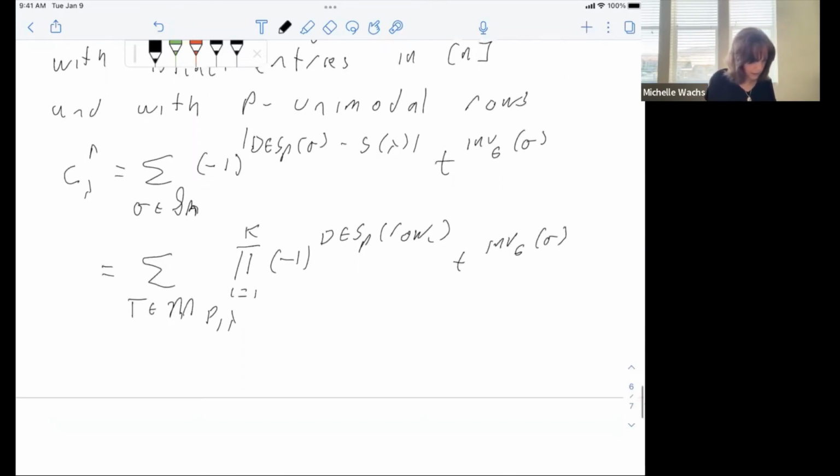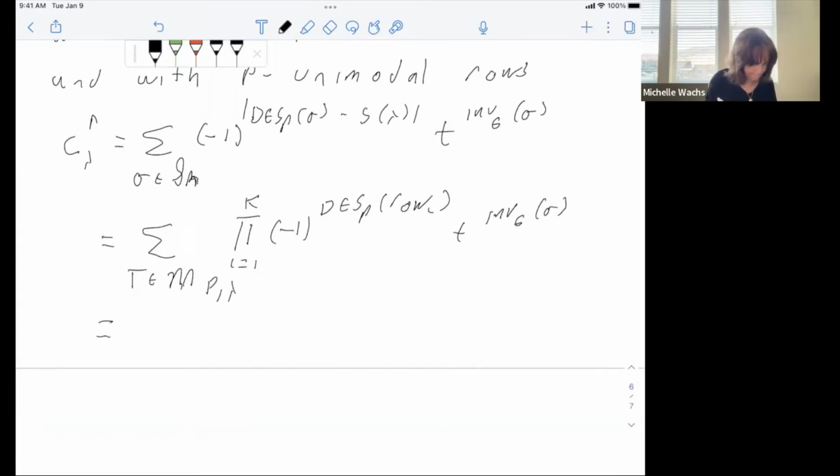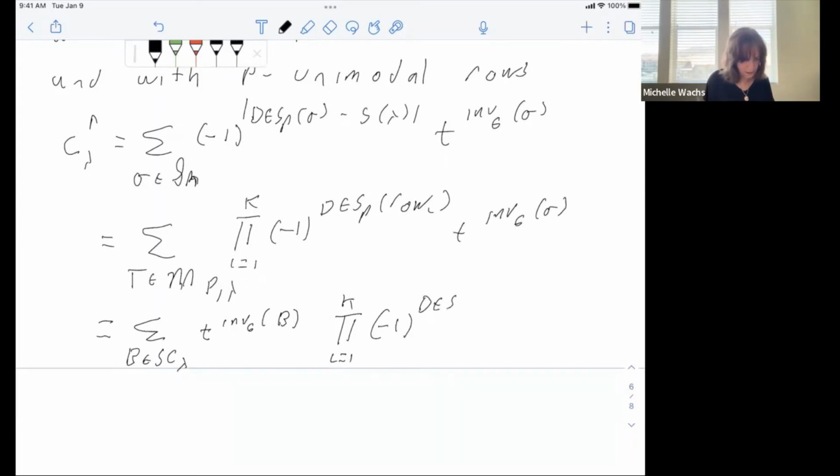And this can now be written as the sum over B a set composition of type lambda, T in the set composition, product over i equal 1 to k, minus 1 to the des P i T of sigma, oh, I forgot some t to the inv sigma. Wait, I'm sorry, I'm skipping something.